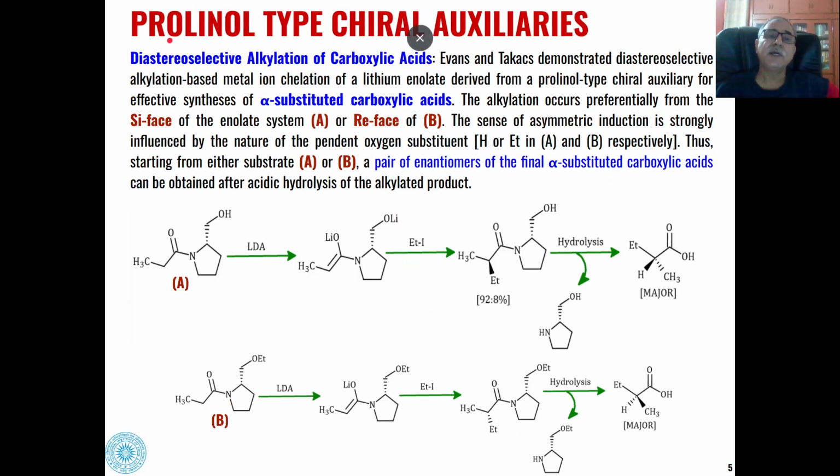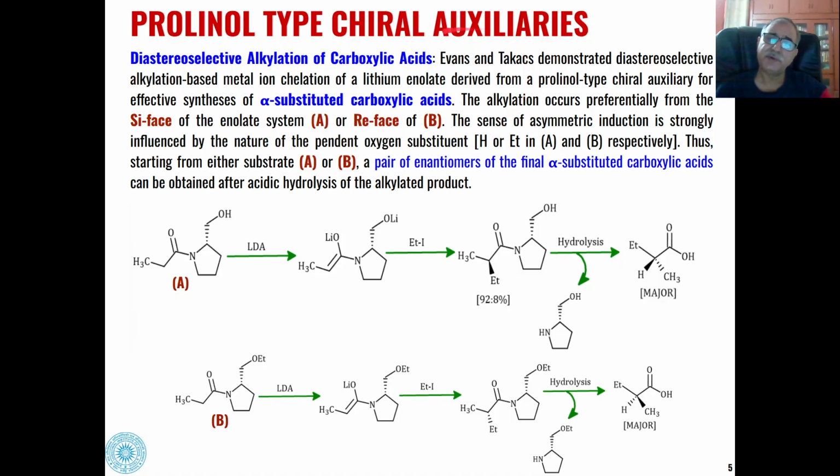So the first category is prolinol based chiral auxiliaries. These are used for synthesis of various types of chiral organic compounds, and most common among these is alkylation of carboxylic acids.